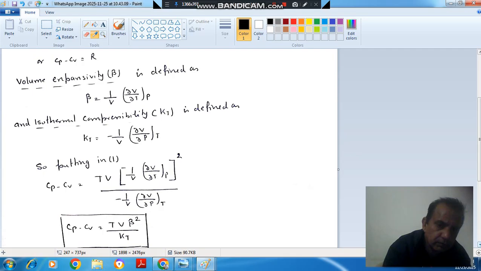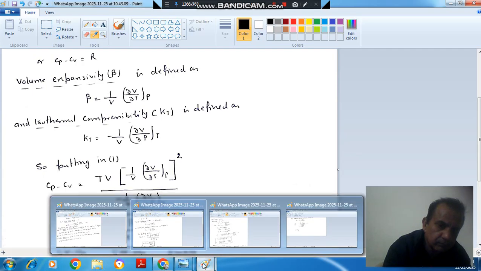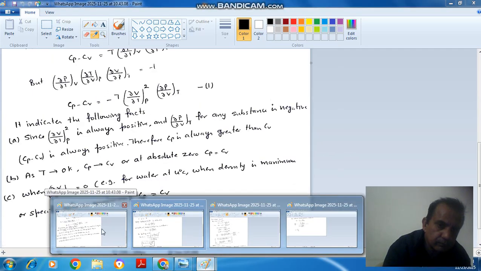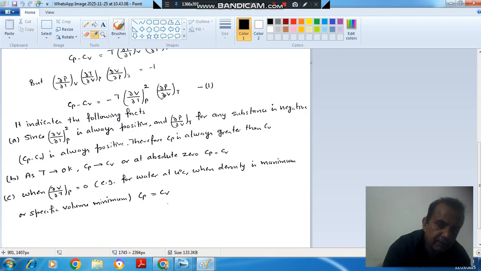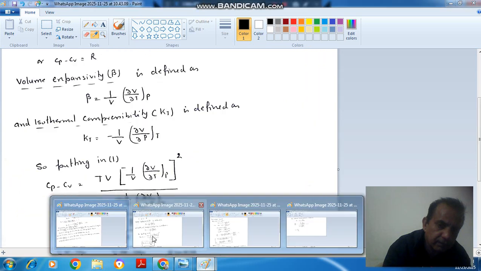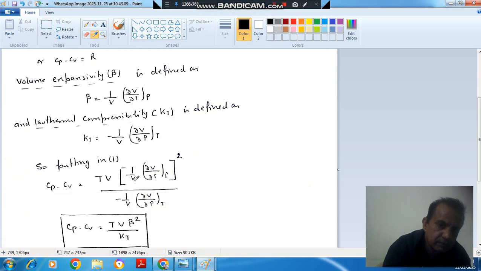Now this term can be written as (∂V/∂P) at constant T. As we have written V squared here, we use 1 by V also here. One V will cancel out from this, and one V will cancel from this.